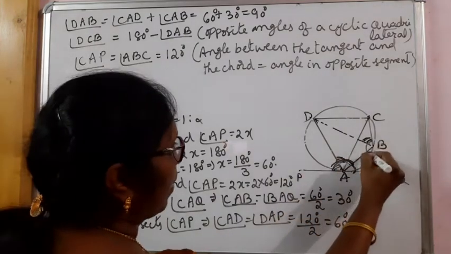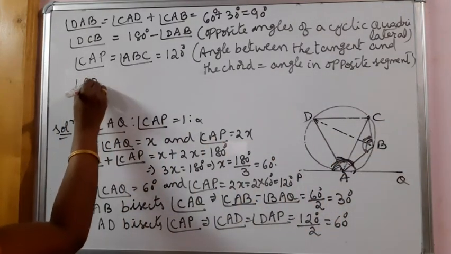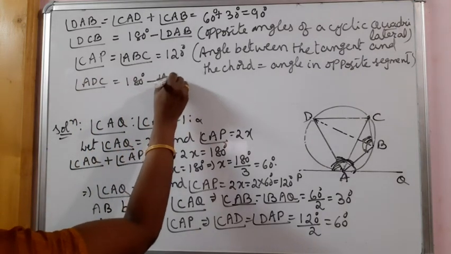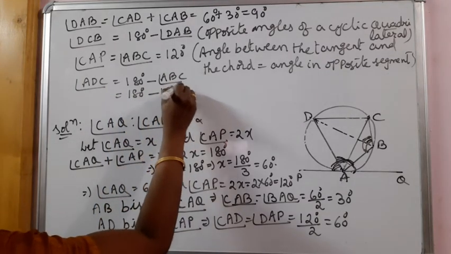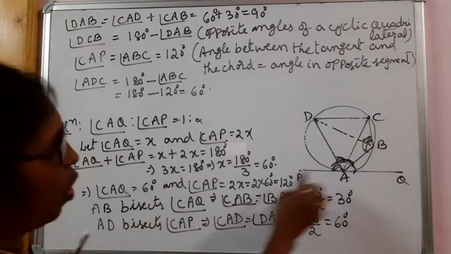If angle ABC is 120 degrees, we can find angle ADC, because this is opposite of angle ABC of the cyclic quadrilateral. So 180 degrees minus 120 degrees gives you 60 degrees. So now we got all the angles.